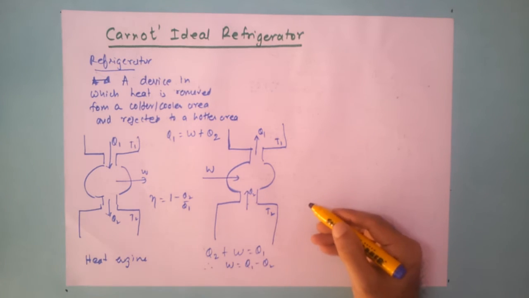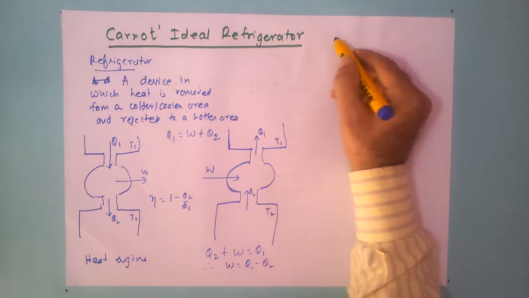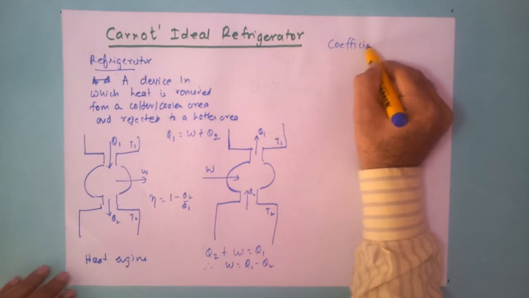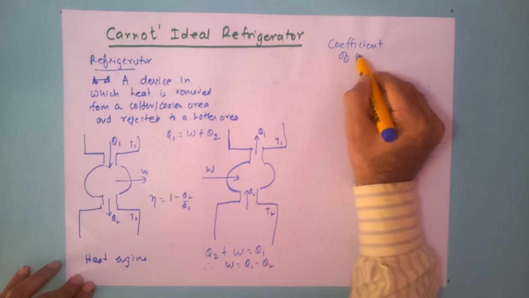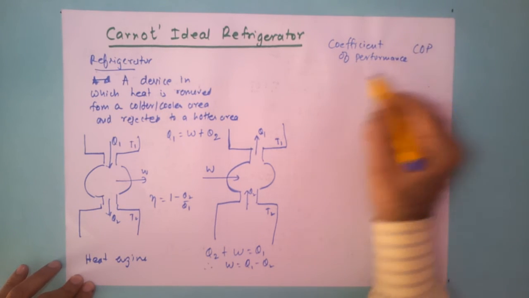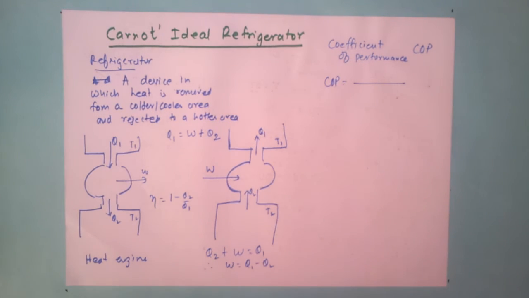Let us see what efficiency we get for a refrigerator. Now, in case of a refrigerator, instead of efficiency, we use the term coefficient of performance, COP. Therefore, we'll try to find out COP. Let us see what the purpose of a refrigerator is. The purpose of a refrigerator is basically to remove heat from the lower temperature.